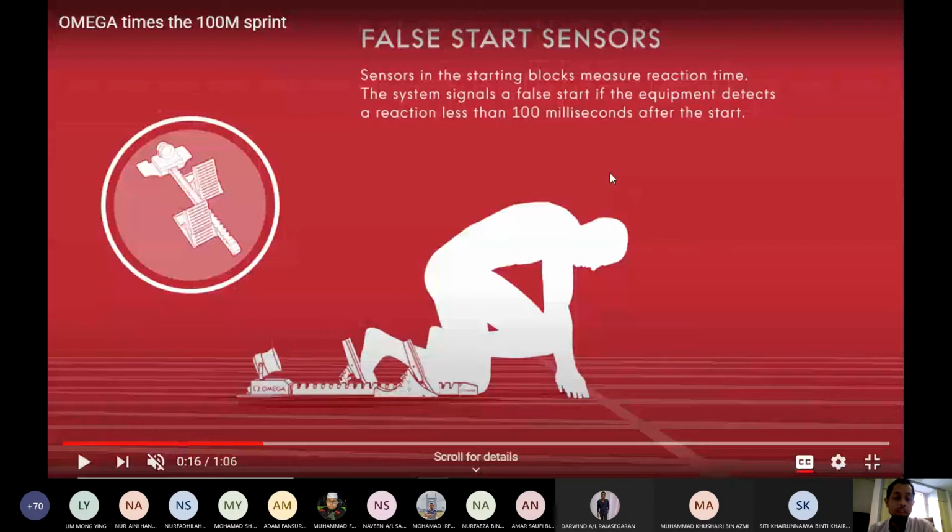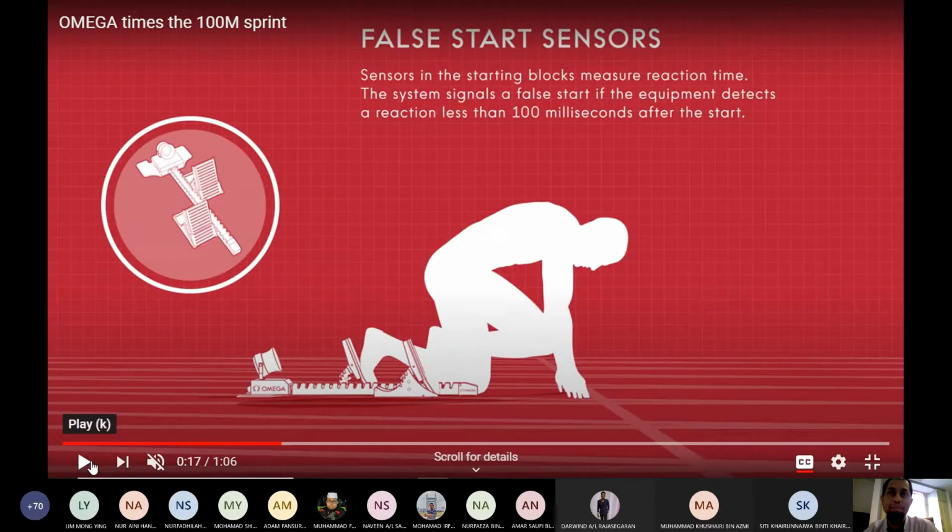Now, previously, during my younger days in the 90s, early 2000s, they used a human to detect the false start. But the human eye is usually not reliable because they may not detect small changes in time.